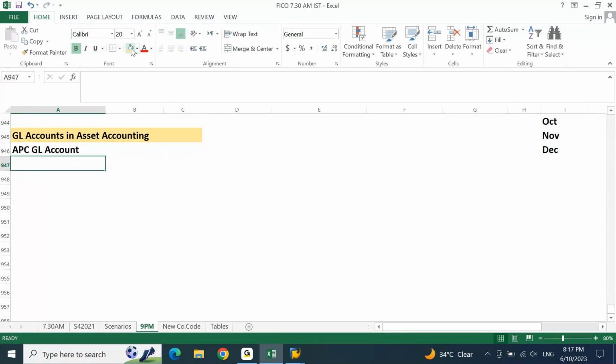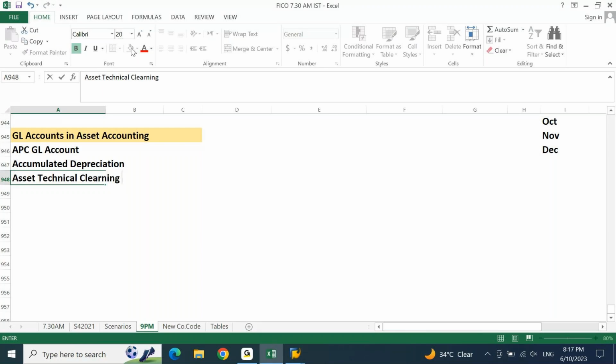Next one, accumulated depreciation. First one is your APC GL account. Next one, accumulated depreciation account. And one more thing that you need is the asset technical clearing account.